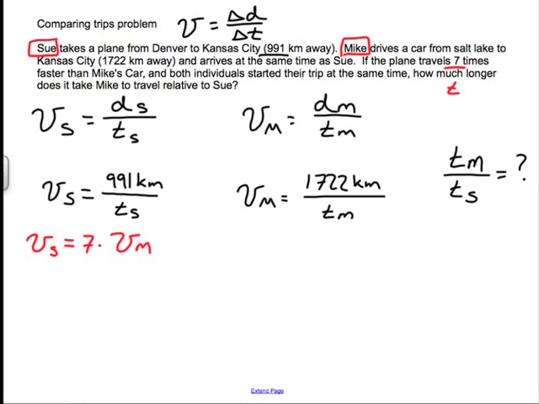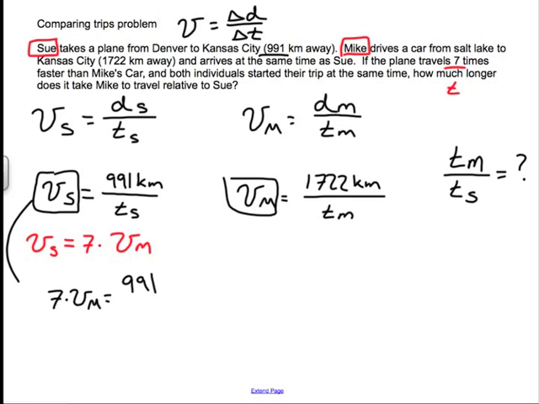Okay, I have enough now that I can actually solve this problem. What I need to do is get common variables between this equation and this one. So I need to replace one of them here. Since this is already solved for Vs, I will just go ahead and replace that one. So this equation up here now becomes 7 times Vm is equal to 991, I'm going to drop the units for a moment, over Ts.